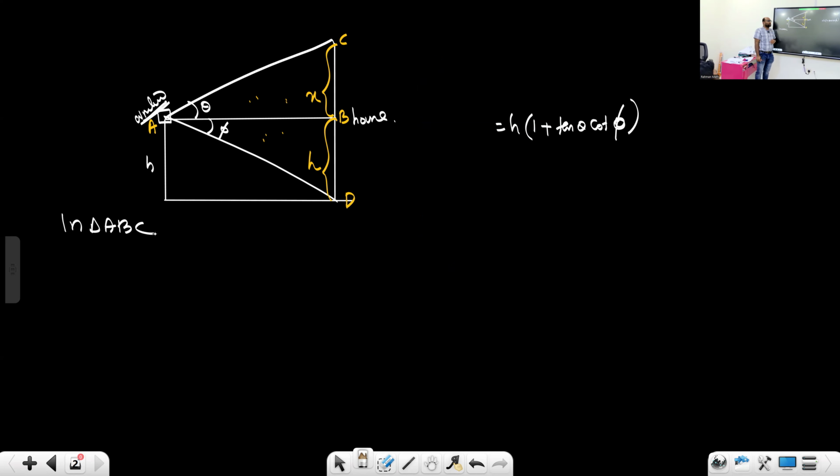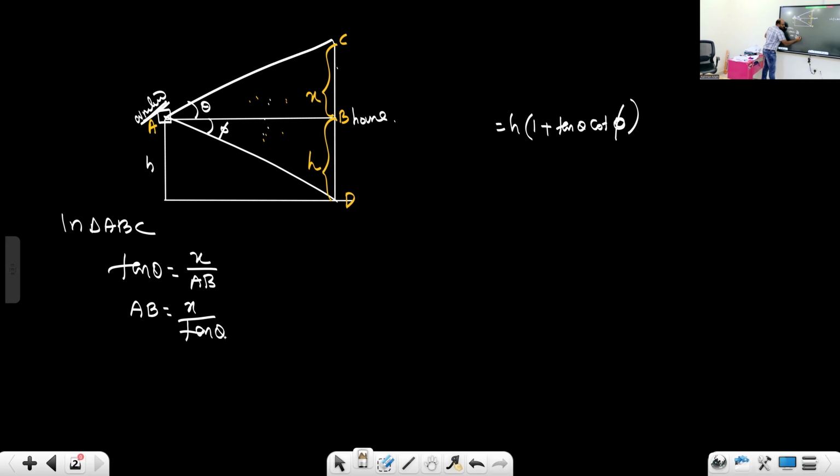Theta. Can I take tan theta equal to x by AB? Why tan theta? Because we want to find the opposite side, and this side is common in both triangles. From here, cross multiplication, AB equals x by tan theta. Equation number 1.